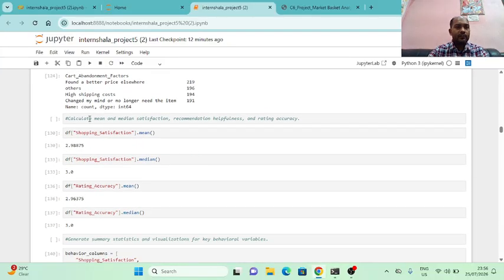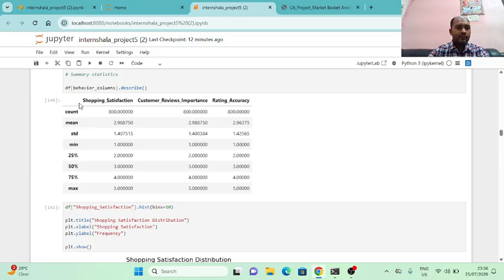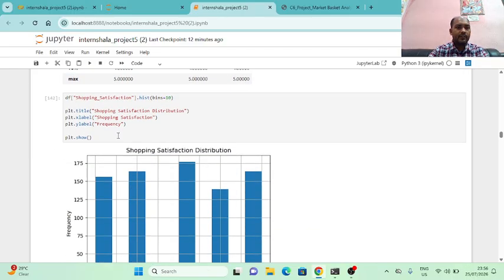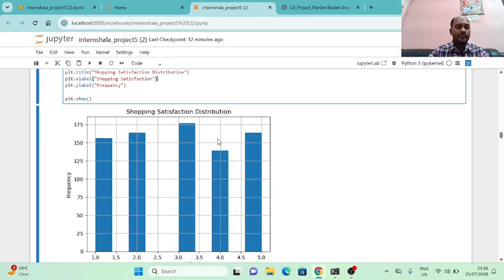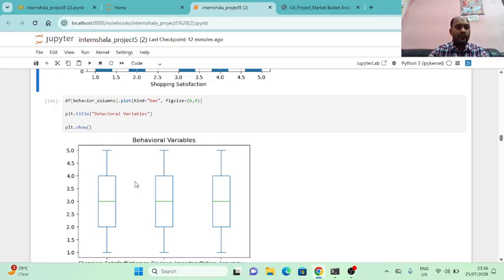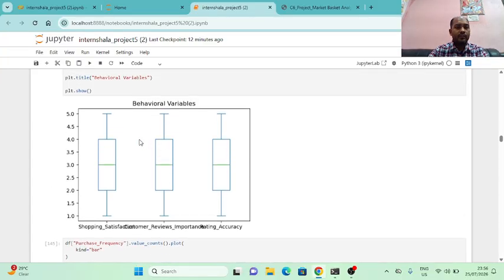After that I calculated the mean and median of the satisfaction column, the recommendation helpful column, and rating accuracy. So this is the data after calculating. These are the mean, standard deviation, minimum, and all the calculations I have done here. On the basis of these calculations, I have plotted this behavioral variables graph through a box plot.